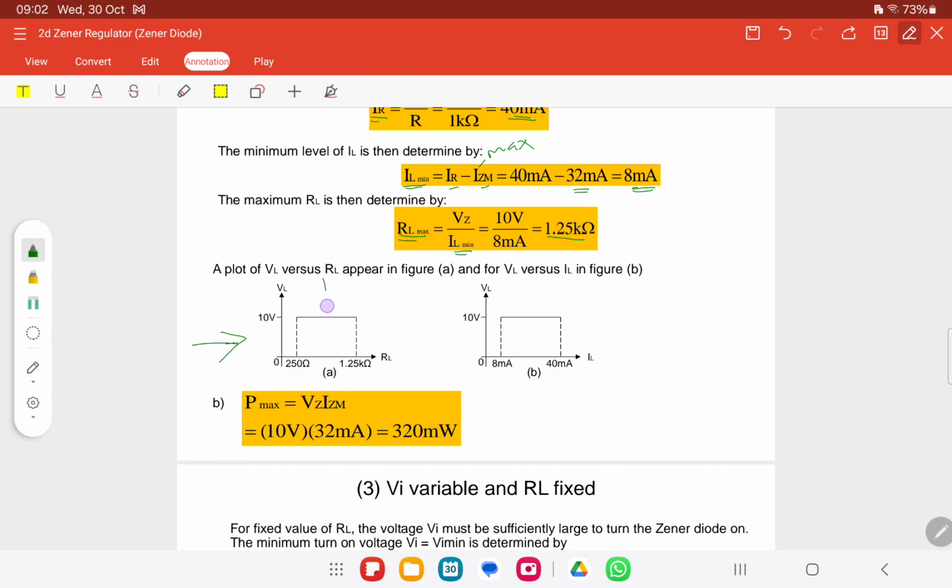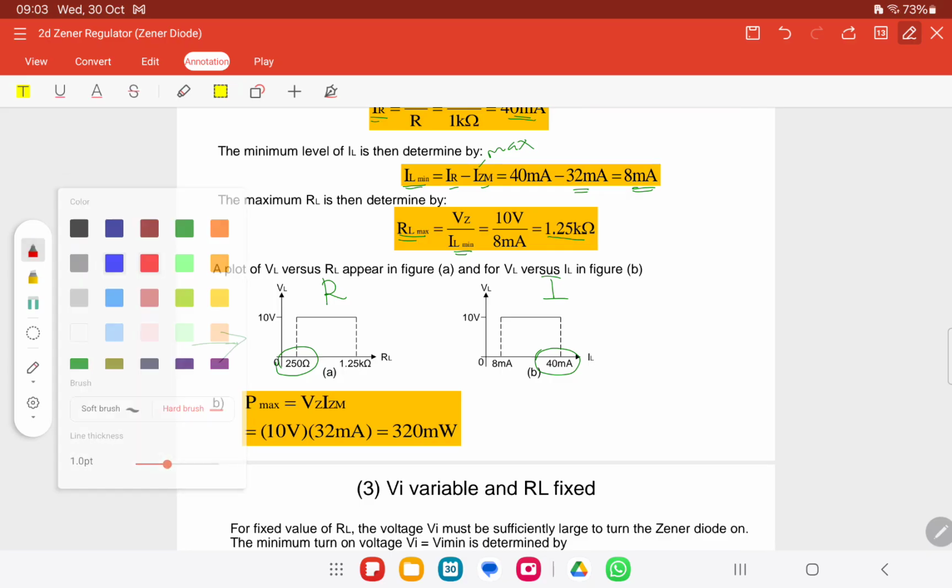This is for the resistor, ini adalah for the current. Okay, for the resistor and for the current, this is minimum resistor. Kalau minimum resistor, what about the current? Current will be maximum.